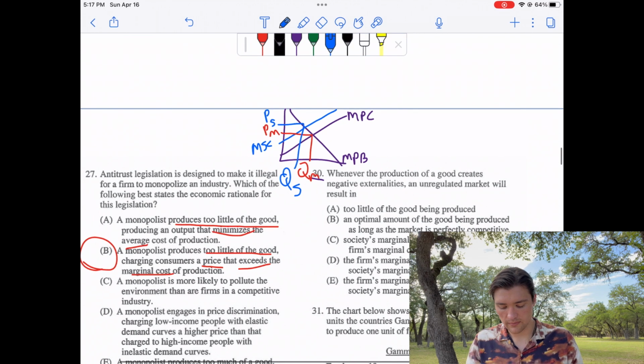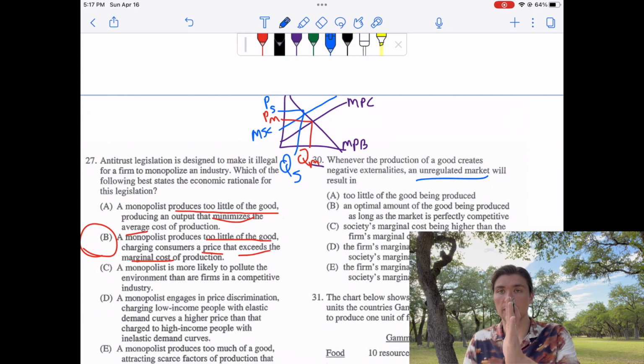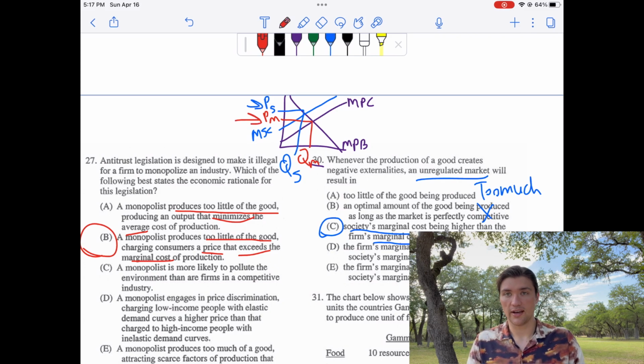So the market, are they producing too little of a good? No, look at the red, look at the blue. They're actually producing too much quantity. Are they producing an optimal amount? No, because we are producing too much. Is the marginal social cost higher than the firm's cost? Yes, that is true. Because look, our social cost is up here and our market cost is here. Our social cost is higher. So C.